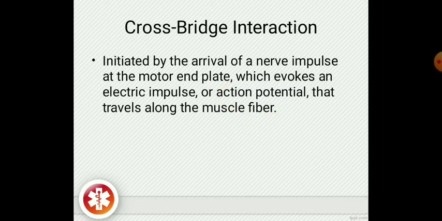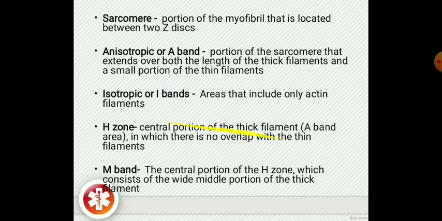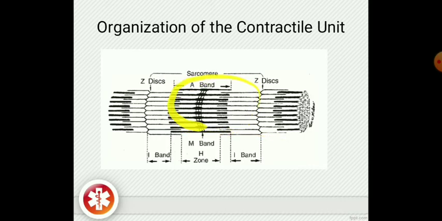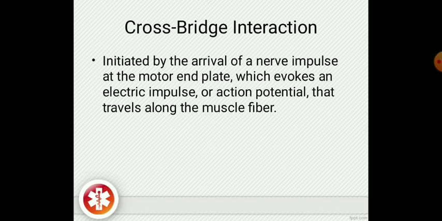Whenever that electrical change happens, some chemical processes occur in our muscle, in this sarcomere. Because of those chemical changes, the overlap or cross bridging occurs. That's the primary reason why muscle contractions happen.